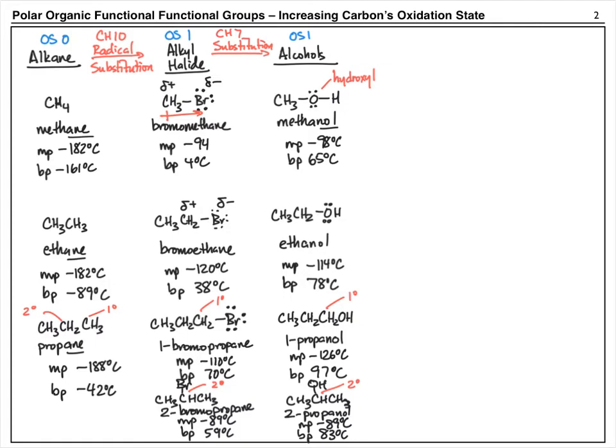So what I want to do is of the ethanol, I want to put in a constitutional isomer of ethanol that is a different functional group.